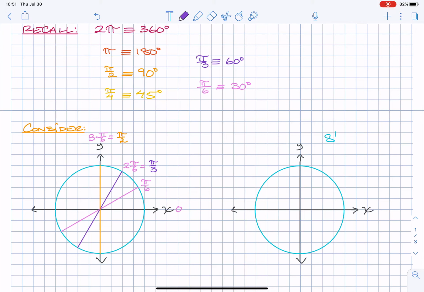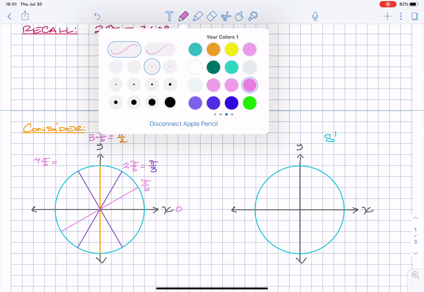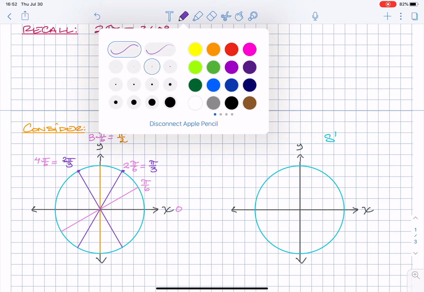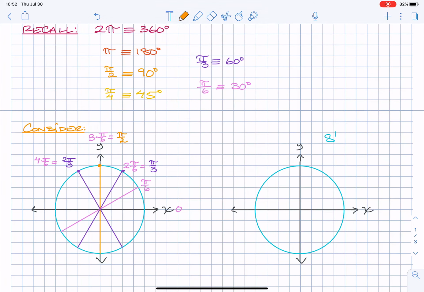Now let's do 4 times pi over 6. So the 2's reduce, and this leaves us with 2 pi over 3. Make sure I've put the dots so we know where we are.